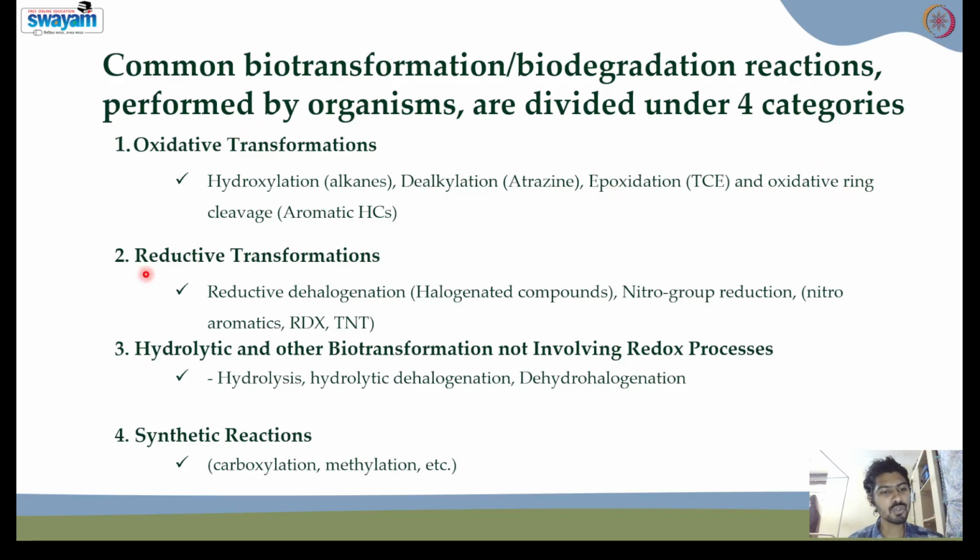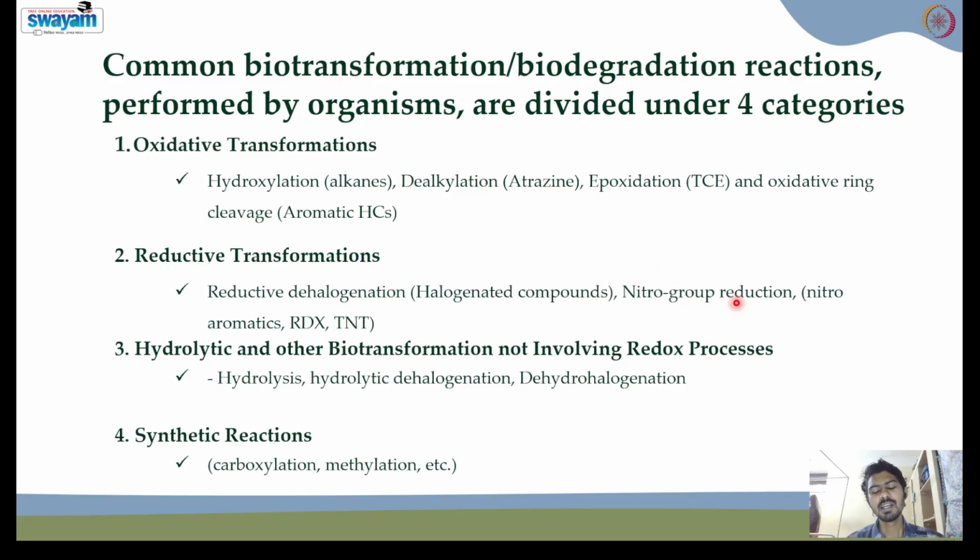The second reactions are reductive transformations, where in the absence of oxygen, reduction reactions occur. That is, they remove oxygen and make the toxic compound safer. One such reaction is reductive dehalogenation, which is seen in halogenated compounds. And in the case of nitroaromatics, RDX or TNT, we observe reduction of nitro groups.